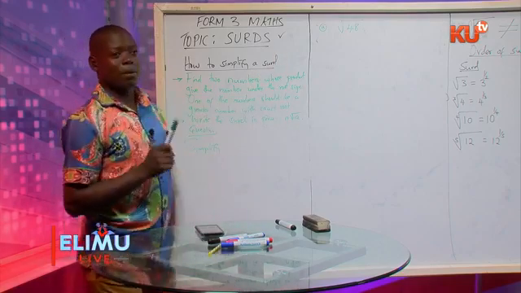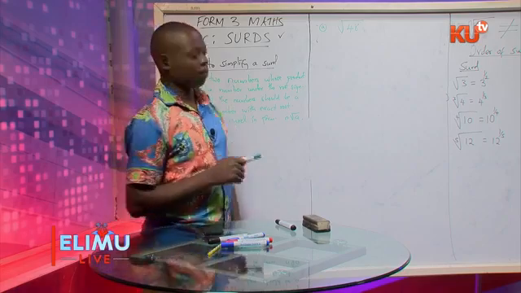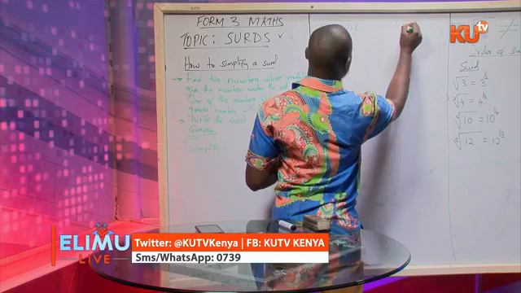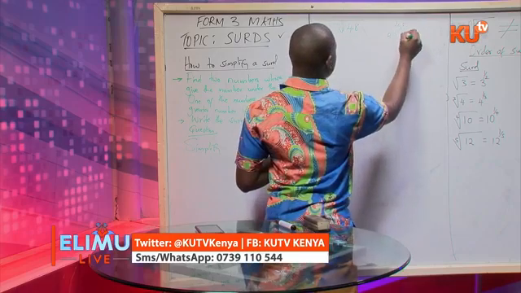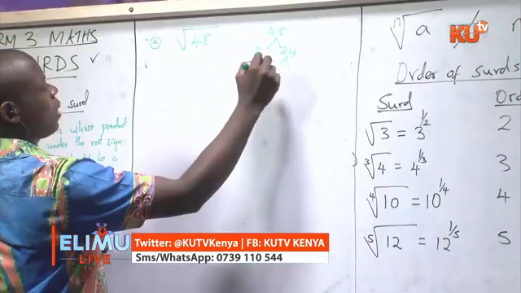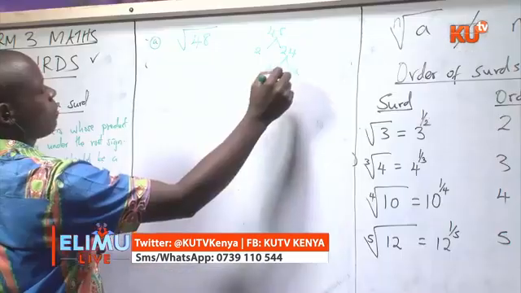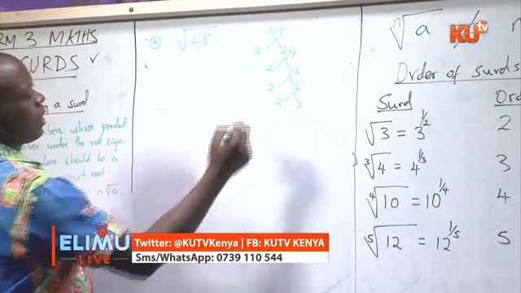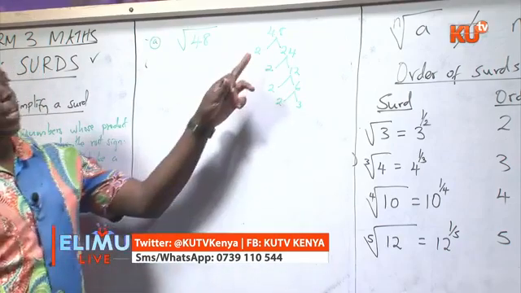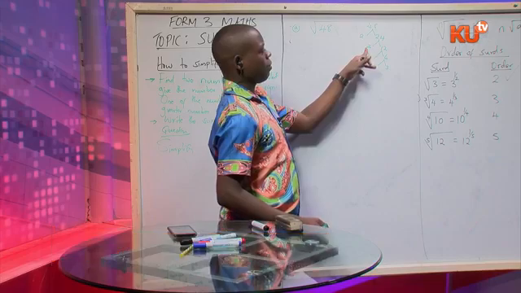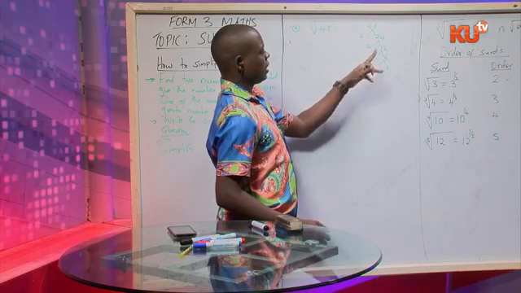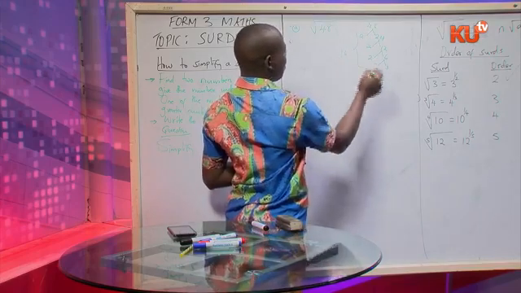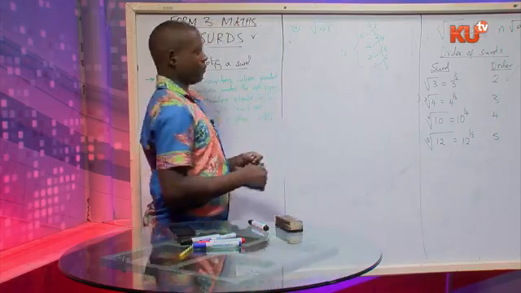And one of those numbers must be able to give us the exact root. You'll easily find that if you have 48, the factors of 48, 2, this is 24. Again, 2, this is 12. 2, this is 6. 2, this is 3. So it means if I have 2 times 2, that is 4, times 2, that is 8, times 2, that is 16, then 16 times 3 will give us 48.